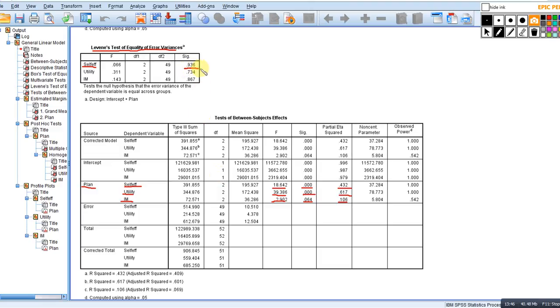That would suggest that the assumption is met. In other words, that gives us more confidence in the trustworthiness of this test. For perceived utility, the p-value is greater than 0.05, so that would also give us more confidence for this test. And for intrinsic motivation, we have more confidence that we're not committing an error in inference.